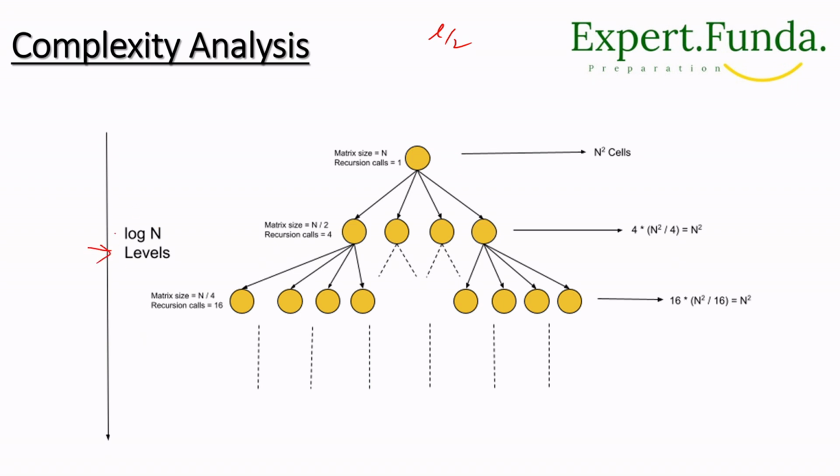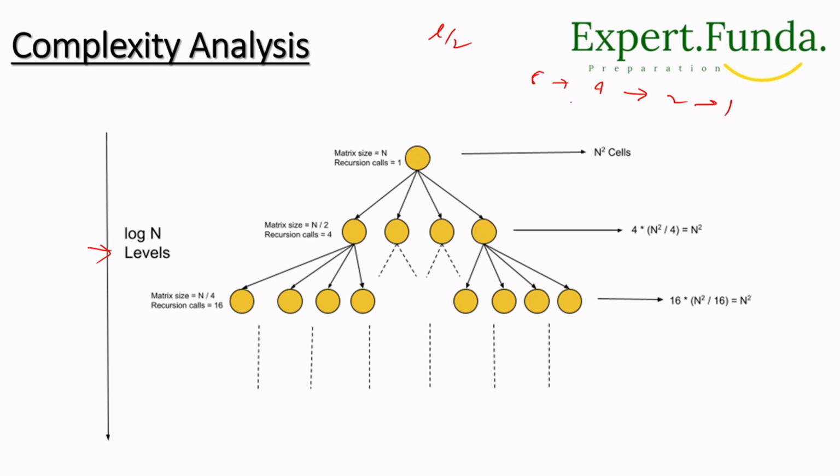These are the levels, and we go down each time. At each of these log n iterations we have some number of recursive calls for the current matrix size: if the size is 8, then 4, then 2, and then 1.